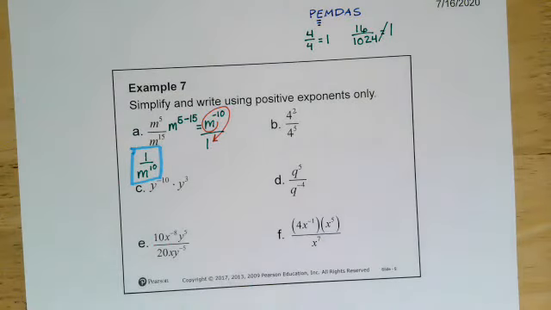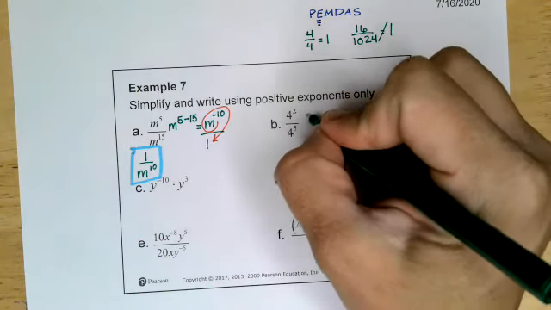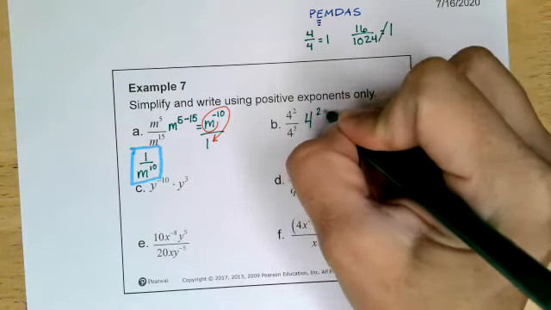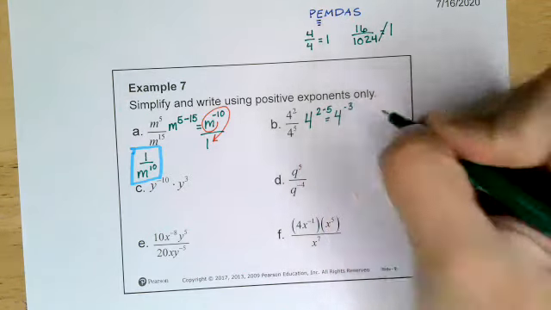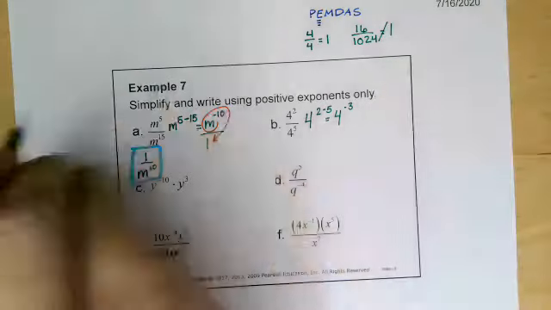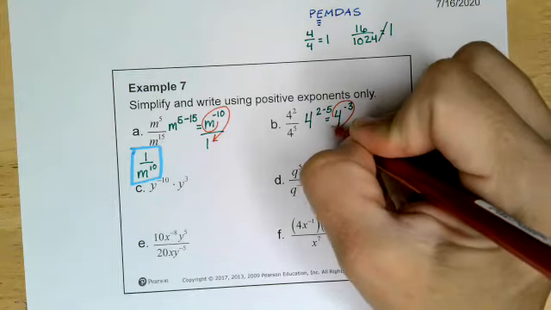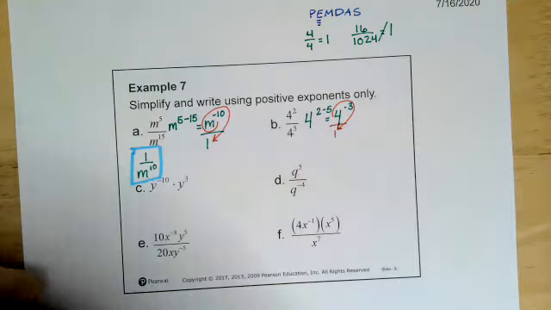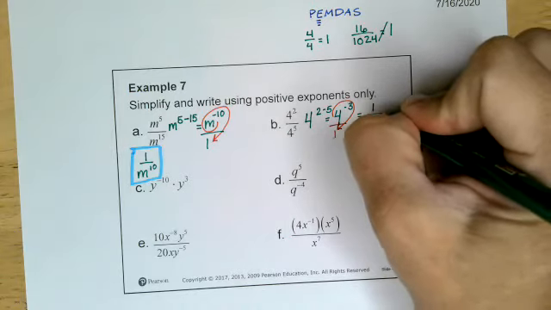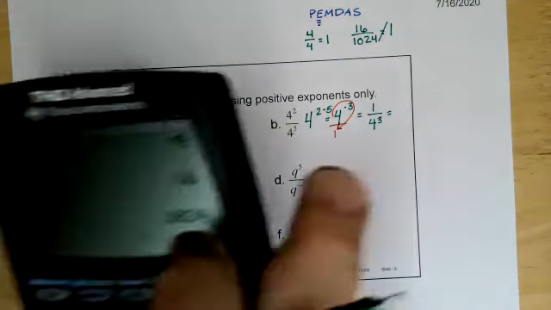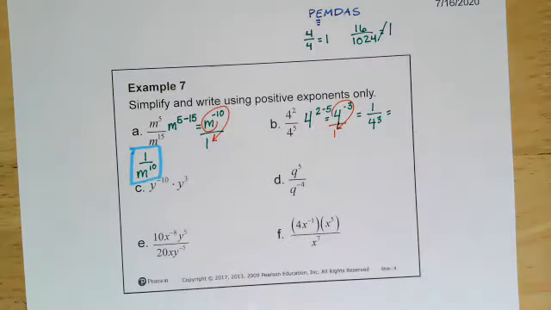All right, so 4 to the 2nd power divided by 4 to the 5th power, 2 minus 5 is 4 to the negative 3rd, right? And so I need to move that down. Over 1, move that down. Now it's 1 over 4 to the positive 3. 4 to the 3rd power is 64.